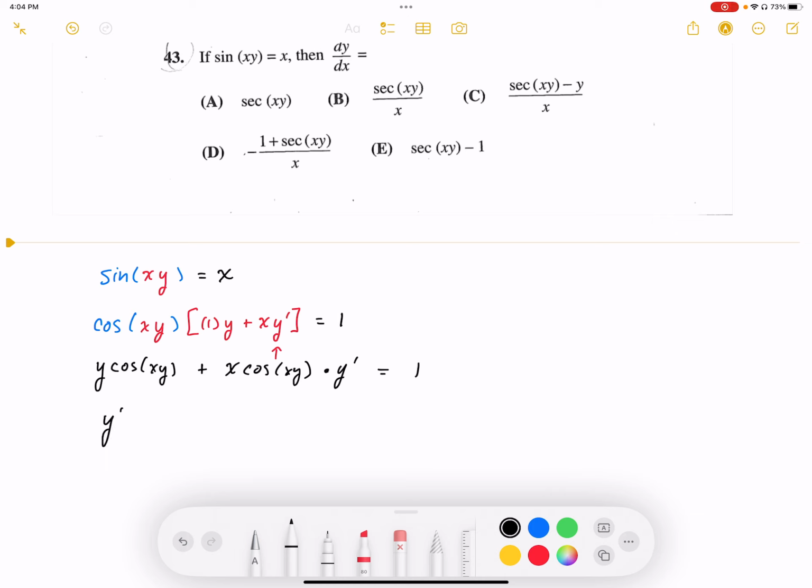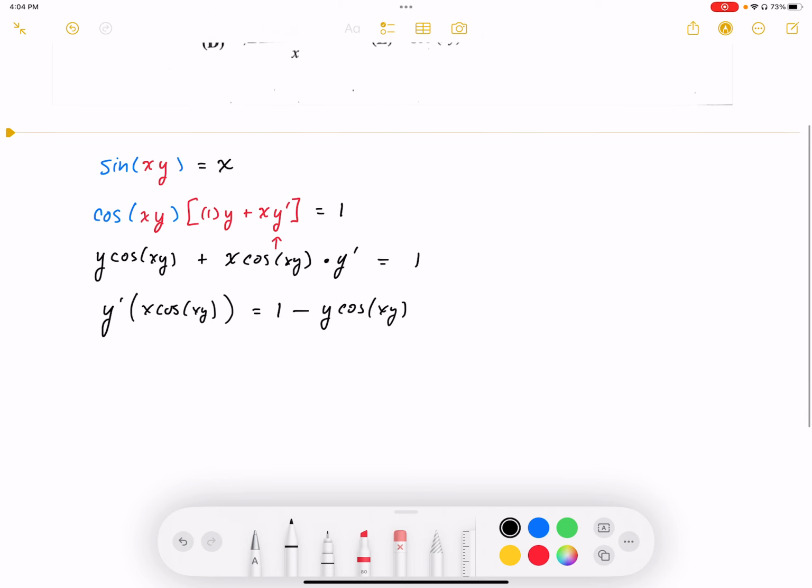So I get y prime times x cosine xy. I don't really need brackets around there, but I'm putting brackets anyways, equals 1 minus y cosine xy.